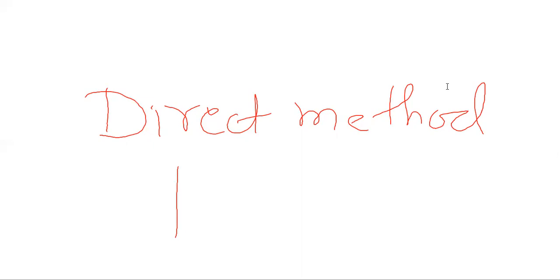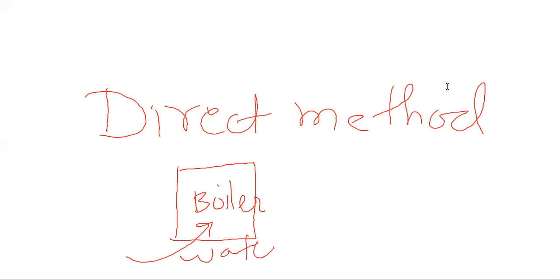We need to use the first law of thermodynamics for getting this expression for the direct method. Boilers or steam generators are open systems, where water gets in and steam comes out. This is the mass flow.